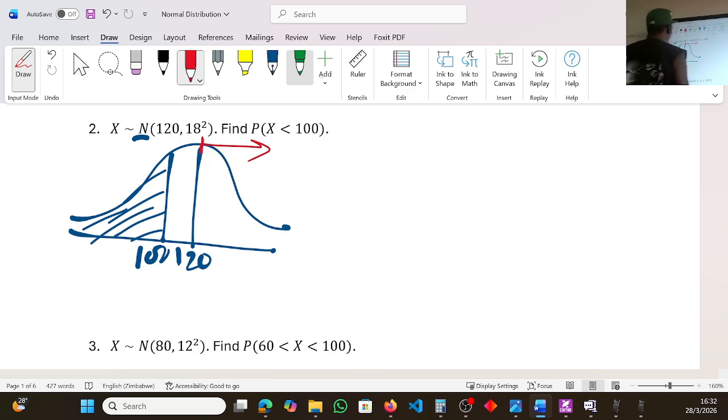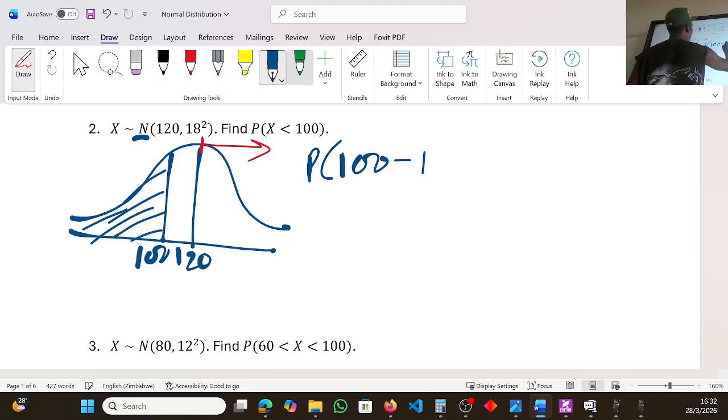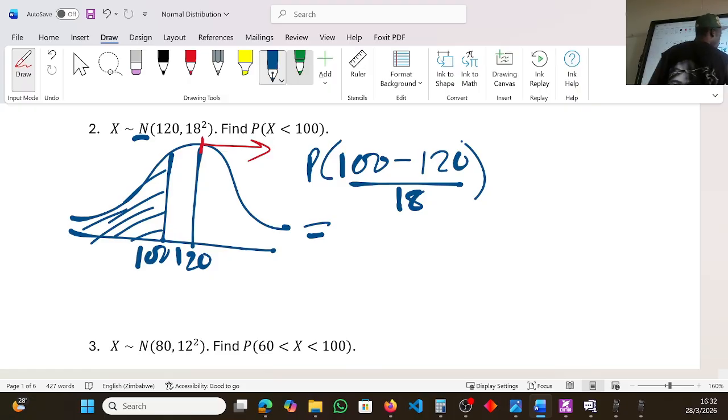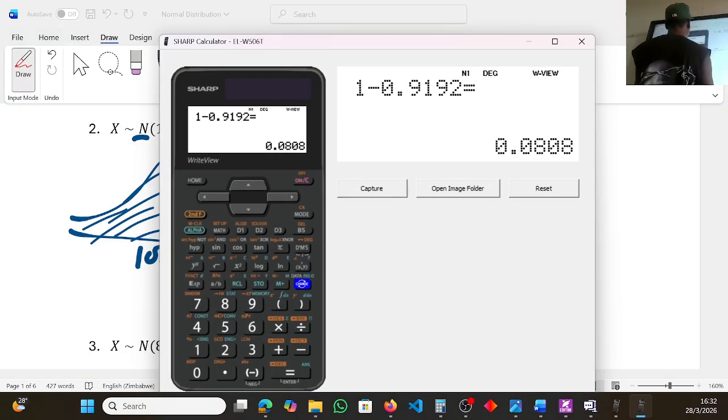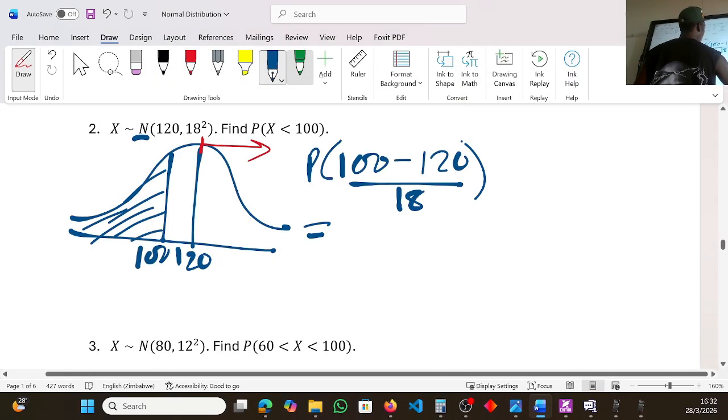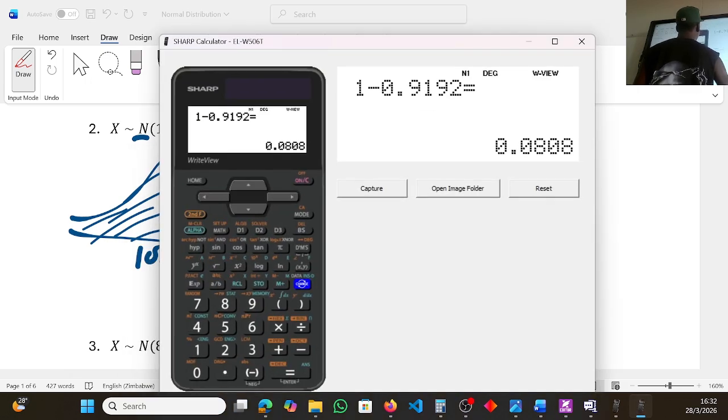First things first, we need to standardize. As we standardize, it's 100 minus 120, because we're trying to shift to the mean, all over the standard deviation, which is 18. Let me simplify: it's 20 over 18.